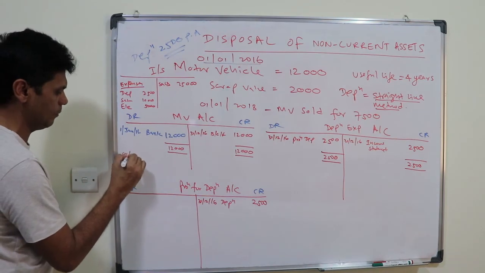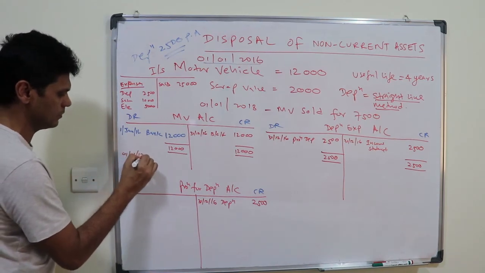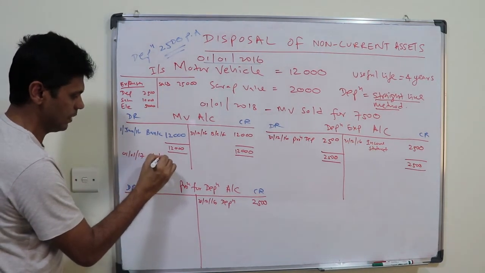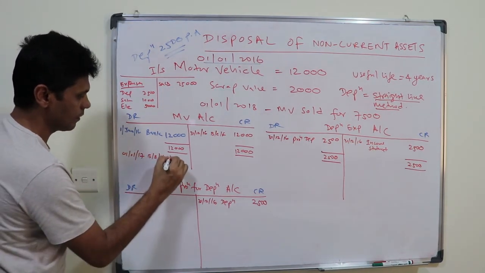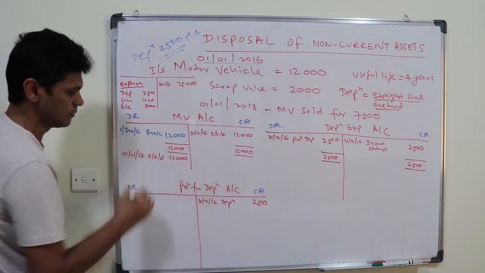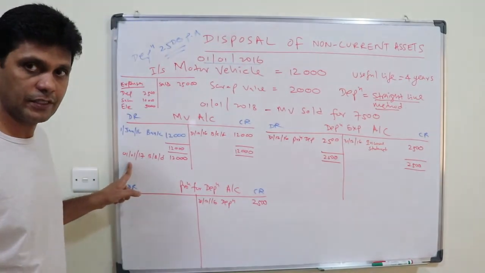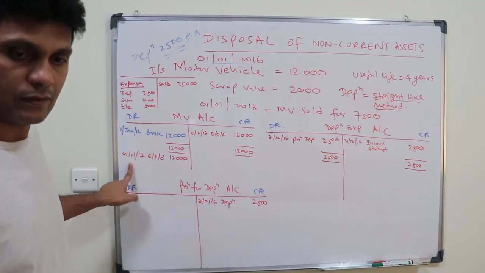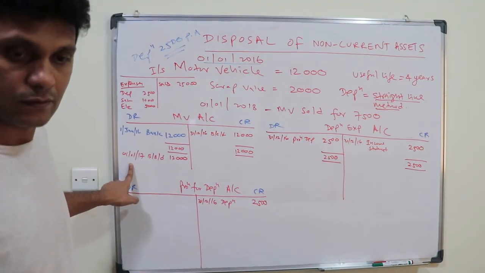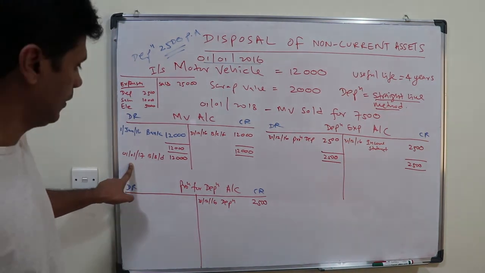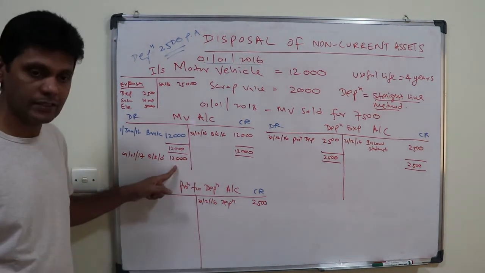Then there will be an opening balance, no? 2017 balance brought down, no? 12,000, 1st January 2017. Okay, so we are carrying forward the asset account.